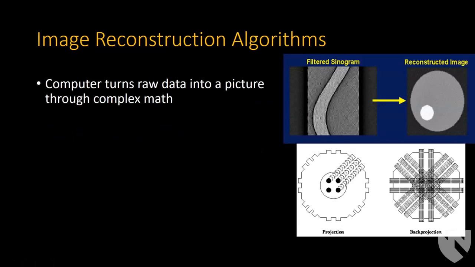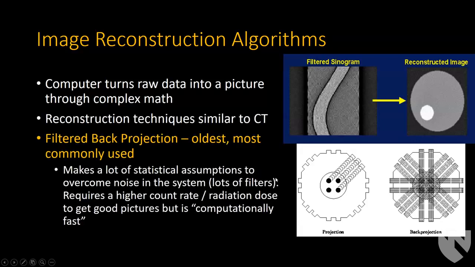There are a number of ways to take that raw data of rotating the gamma cameras around the patient and turn that into a slice through the patient. And basically, it's complex math. The oldest, most common way to do that was filtered back projection, which also is used in CT.